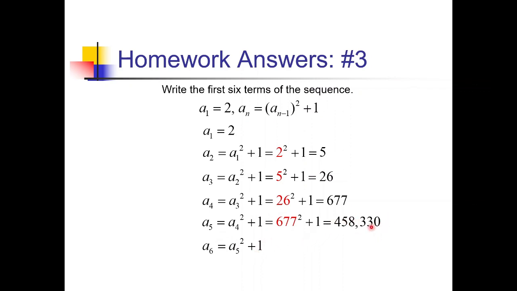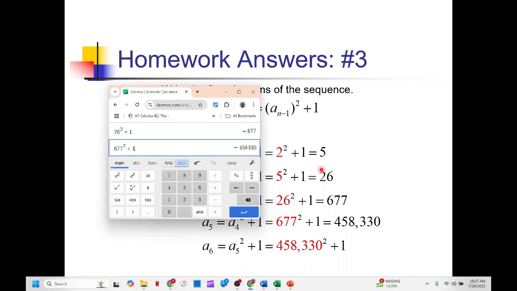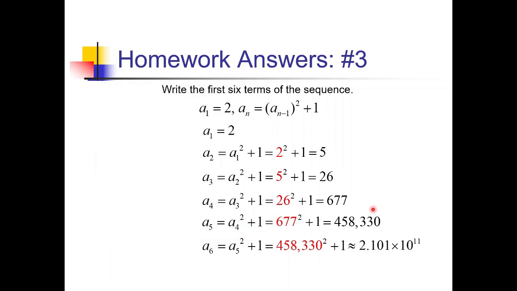It's this huge number, square that, and add that little 1 at the end. So let me just do answer squared and then add 1. And then that comes out to about 2.101, if you want to round it off, times 10 to the 11. We'll take their word for it.